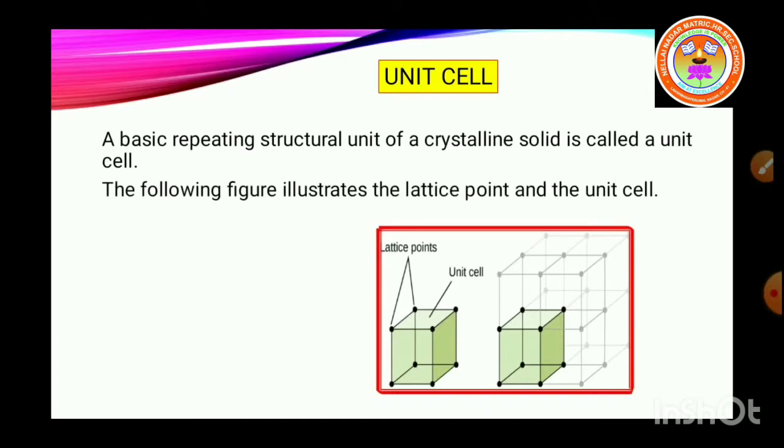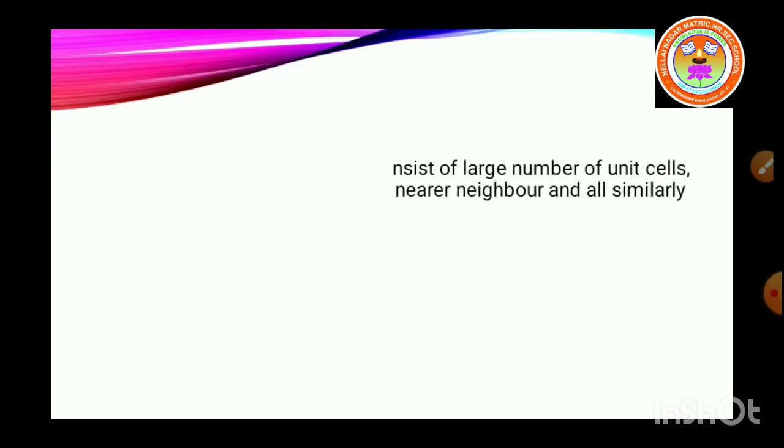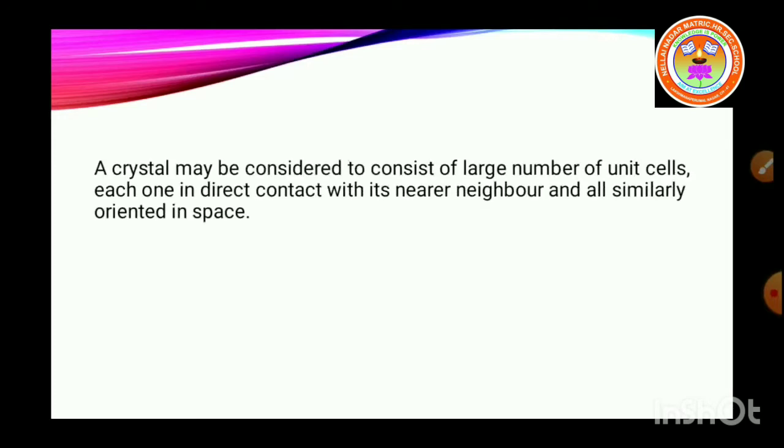And also see here, the following figure illustrates the lattice point and the unit cell. A crystal may be considered to consist of a large number of unit cells, each one in direct contact with its nearest neighbor, and all similarly oriented in space.